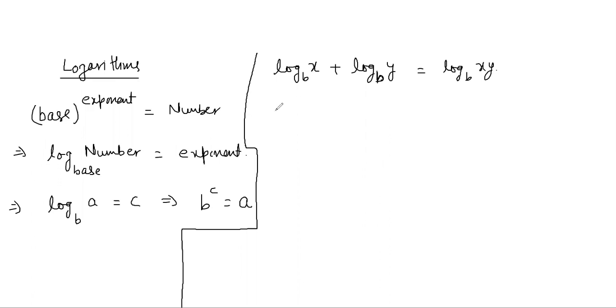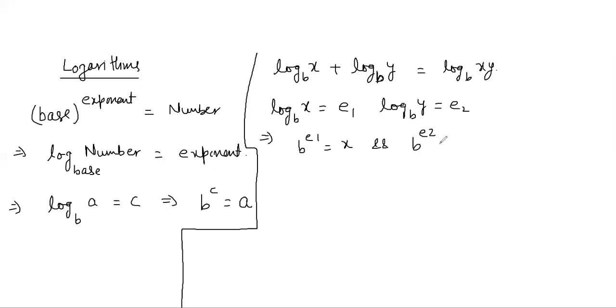I took log of b base x as e1 and log of b base y as e2. So this implies that b to the power e1 is equal to x and b to the power e2 is equal to y.